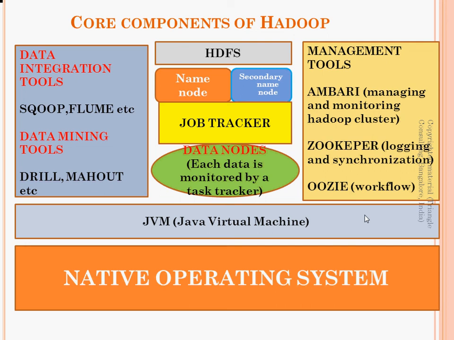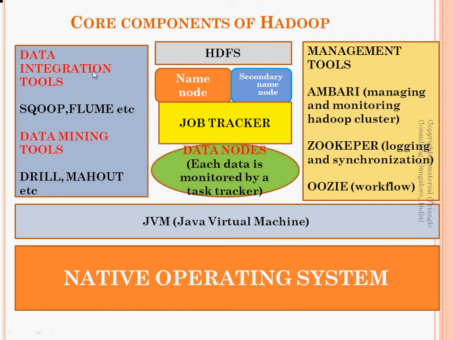So the JVM would be running on a Linux based operating system, and every piece of software which makes up the name node, the secondary name node, the job tracker, all of them would be running on a separate JVM. So this is pretty much how it's organized.